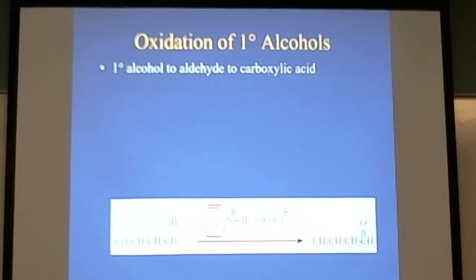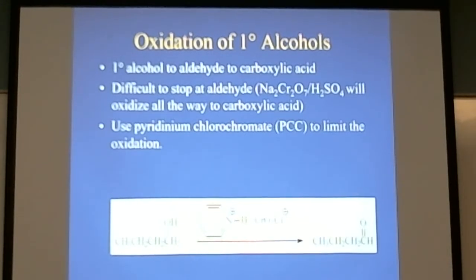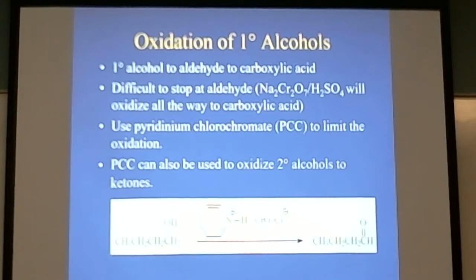And if you want to stop at the aldehyde starting from a primary alcohol and not continue, then you're going to use this particular reagent called PCC, pyridinium chlorochromate, and we always use PCC.